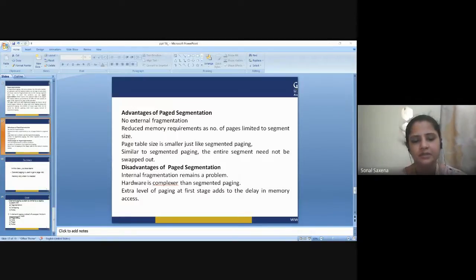We have discussed that segmented paging is a scheme that implements the combination of segmentation and paging. First, segmentation divides the process into segments, and then paging divides each segment into various pages.